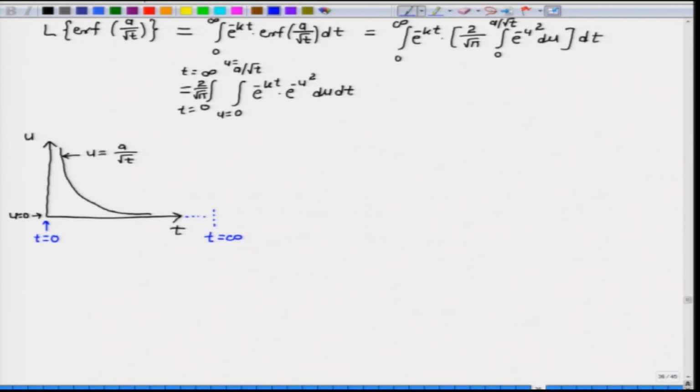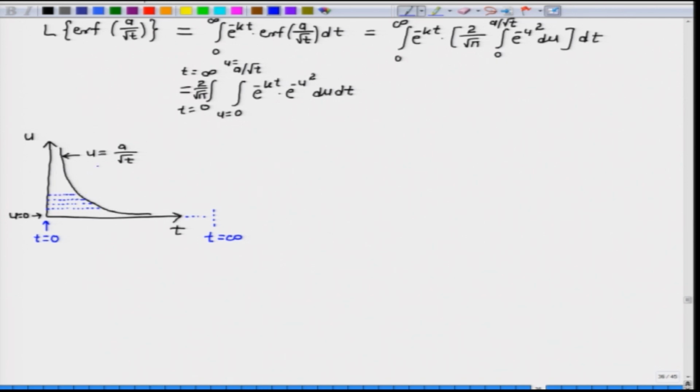If we try to change the order of integration, which means if we first want to evaluate the integral with respect to t and then with respect to u, we first have to take the limits of t. Now, in this case the limits of t will go from t equal to 0 to, if we draw these horizontal lines, t is bound by 0 on the left side and by this plot on the right side.